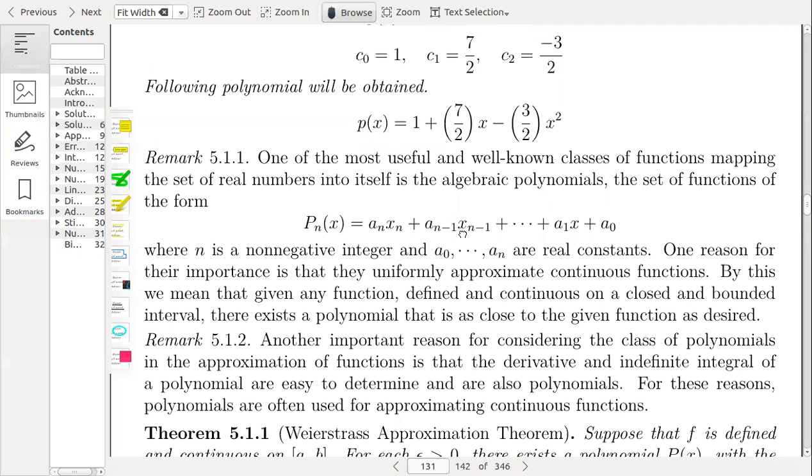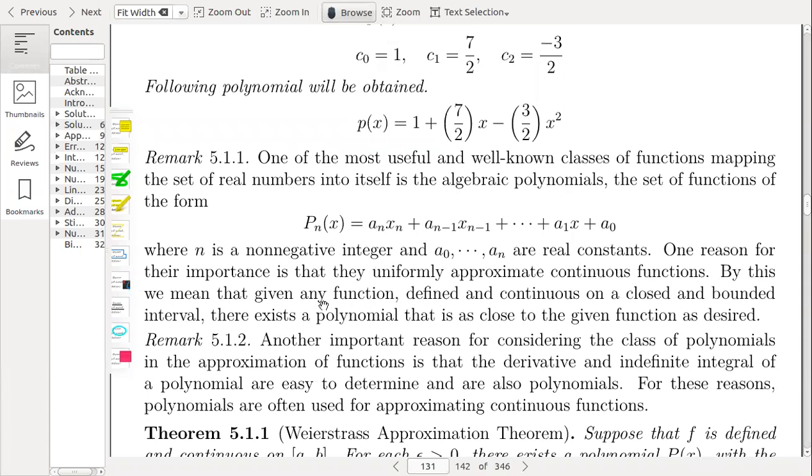So again, one of the most useful and well-known classes of functions mapping the set of real numbers into itself is the algebraic polynomial, where n is a non-negative integer and a naught to a n are real constants.